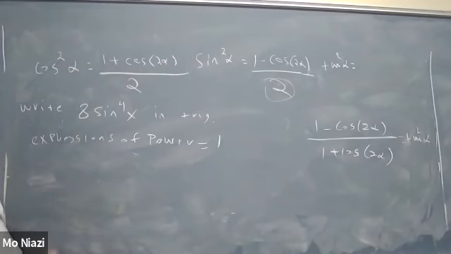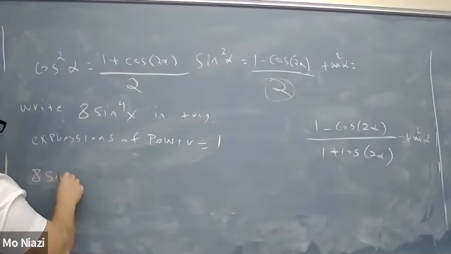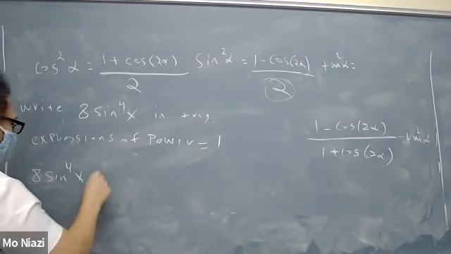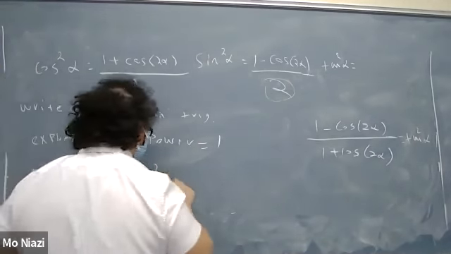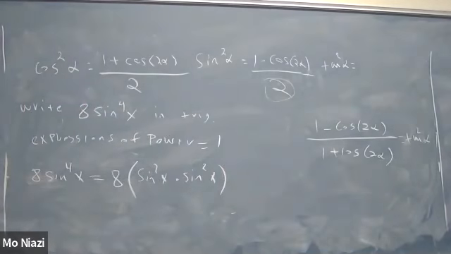Okay? 8 sine to the 4th power x. That's 8 times sine squared x times sine squared x, is it not? Or then we could just use a pair of power reducing formulas.